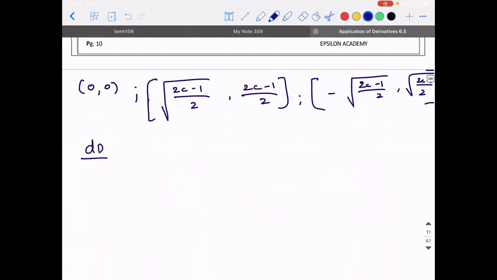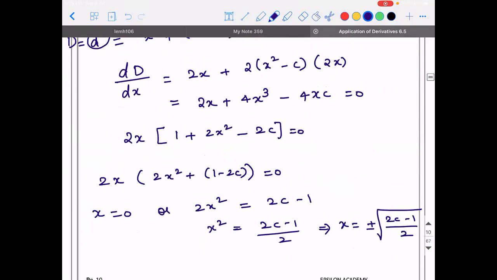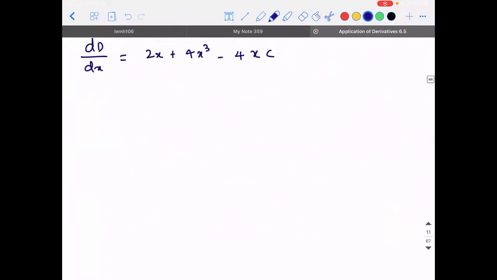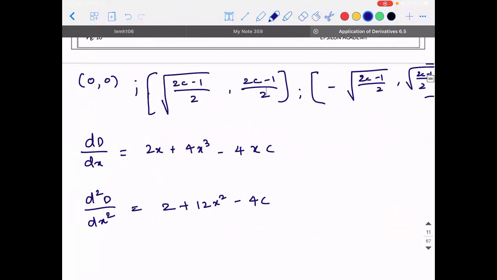So we know that the derivative of d with respect to x is how much? 2x plus 4x cube minus 4cx. Okay, I'll find the second derivative of this. What will I get? 2 plus 12x square minus 4c. One minute, wait.